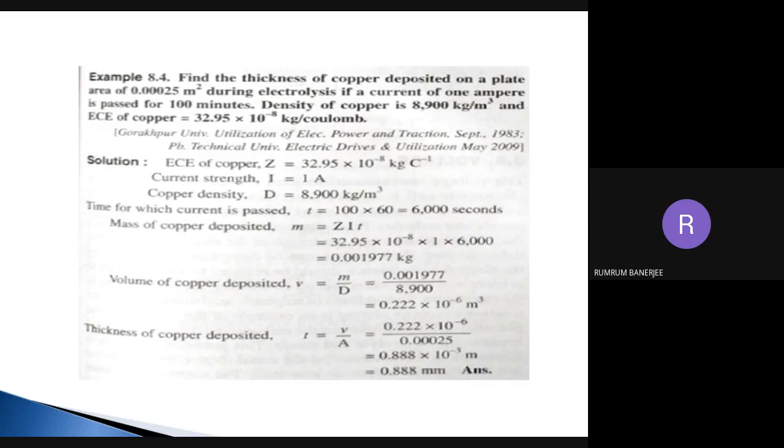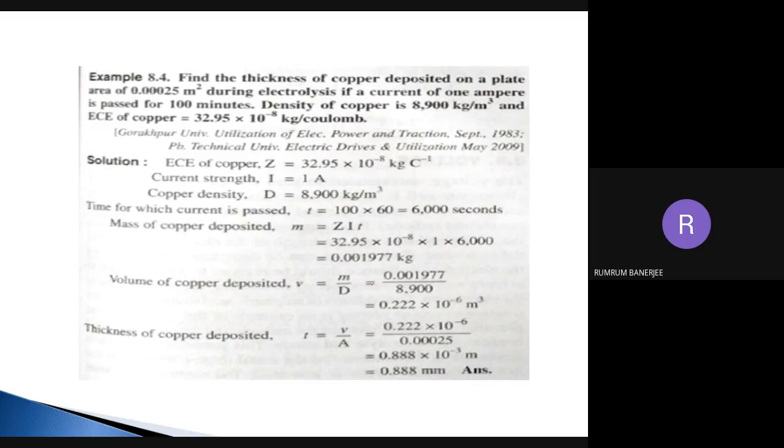For the mass of copper deposited, we directly use the formula m equals ZIT. Putting the values of Z, I and T, we get the mass. The volume of copper deposited will be m divided by d, the density of copper. So the volume will be 0.222 into 10 to the power minus 6 meter cube.